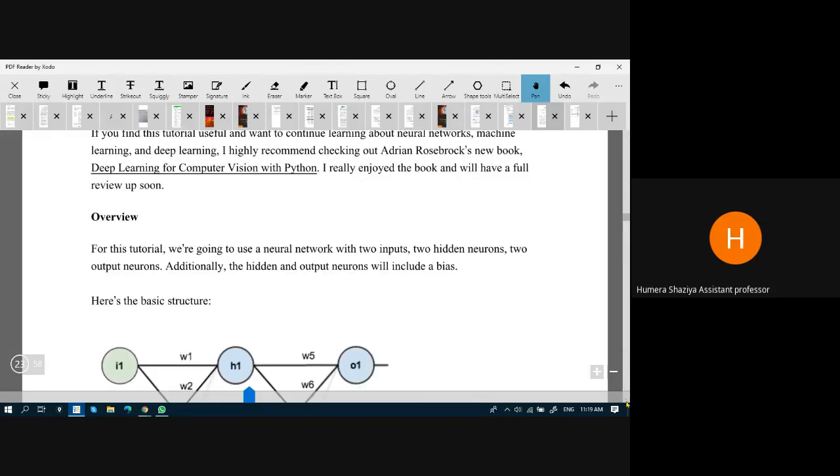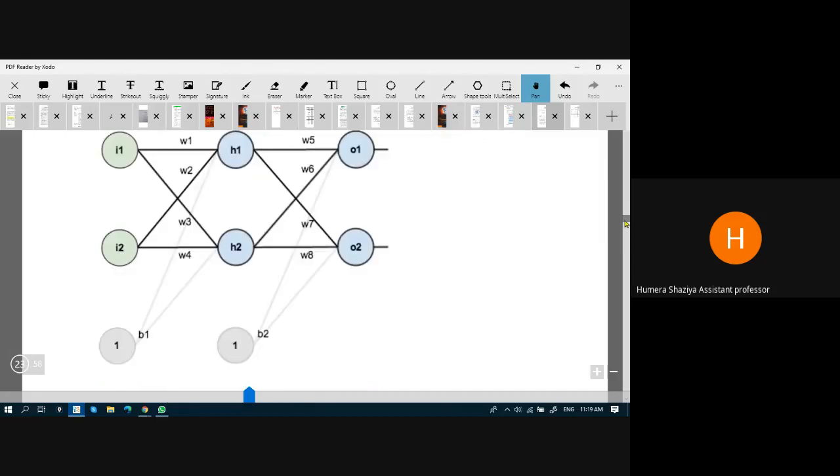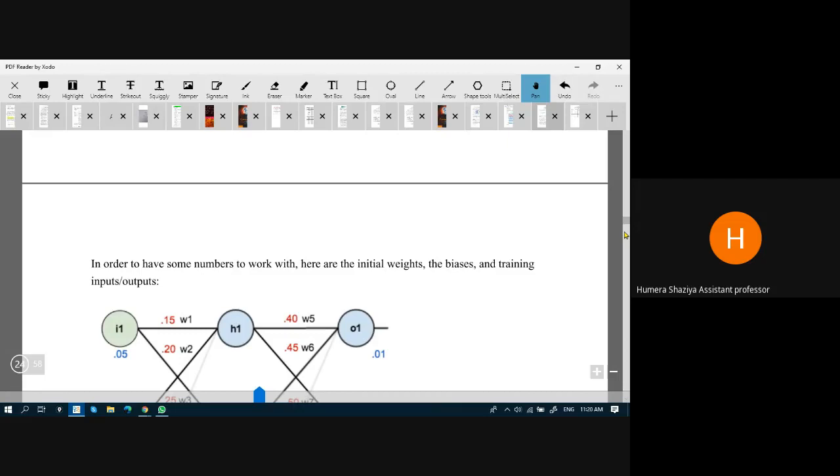What is happening here? These are inputs, hidden layer, outputs, and every edge has weights. The training process learns the weights. Look at here, W1 is 0.15. Perhaps these are the initial weights. Random values will be assigned as initial weights.